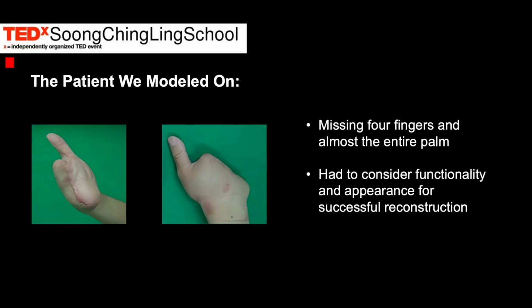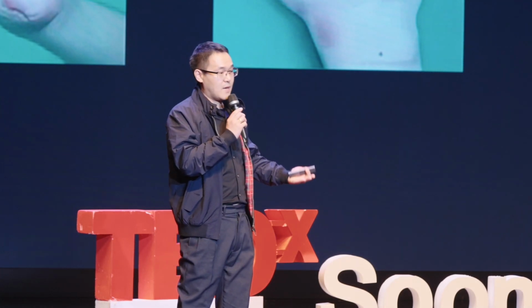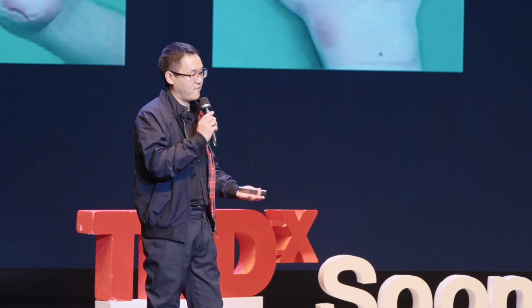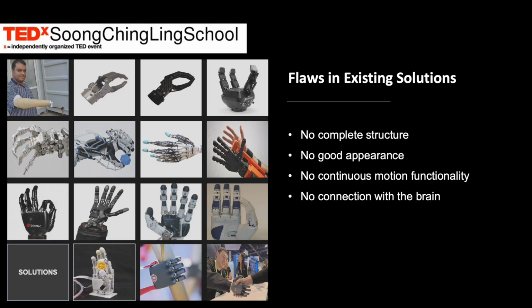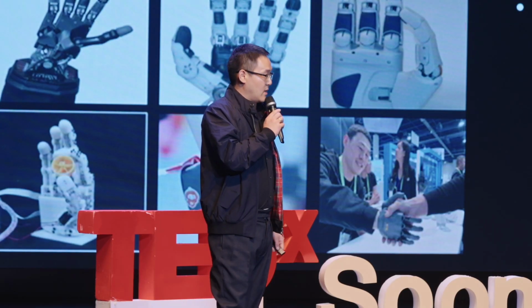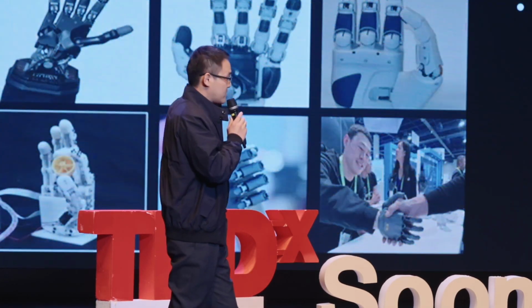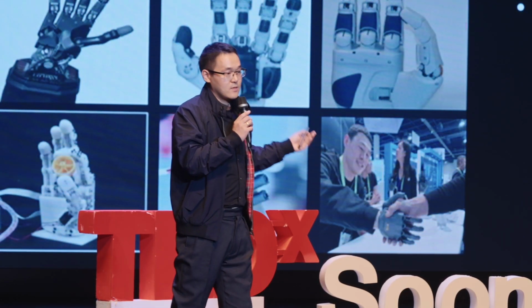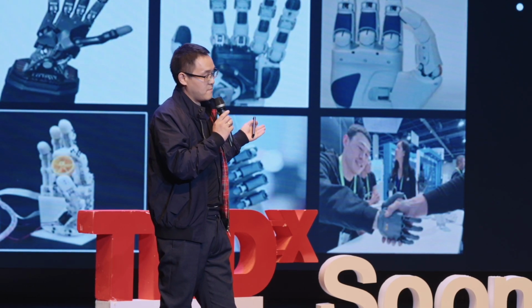Here is one of our examples. This guy lost his 4 fingers and nearly half his palm. So we needed to help him regain a robotic hand, a prosthetic hand that is fully functional and connected with his brain. We started from zero. We surveyed all the solutions available in the world, and here is the result. The first row is very simple tools.